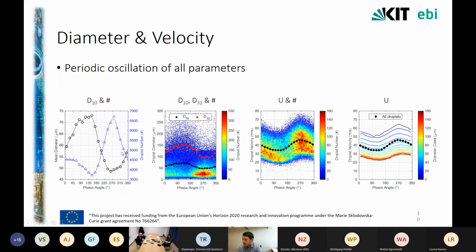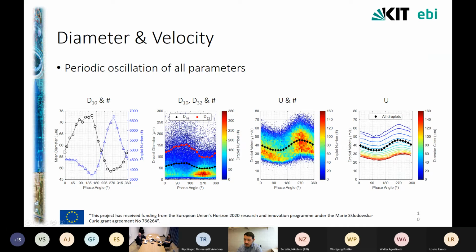At a glance, we can see that most of the measured droplet characteristics undergo a strong oscillation in this one period of the phenomenon. You see in the x-axis the phase angle, which denotes the period of the phenomenon. This is a repeating behavior.